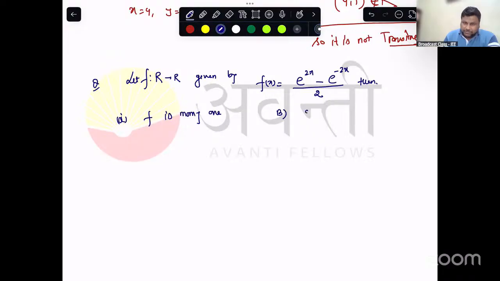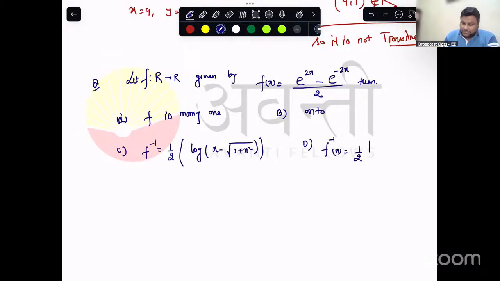B option: onto. C option: f inverse of x is half of log of (x minus under root of 1 plus x square). And D: f inverse of x is equal to half of log of (x plus under root of 1 plus x square). Give it a try quickly.